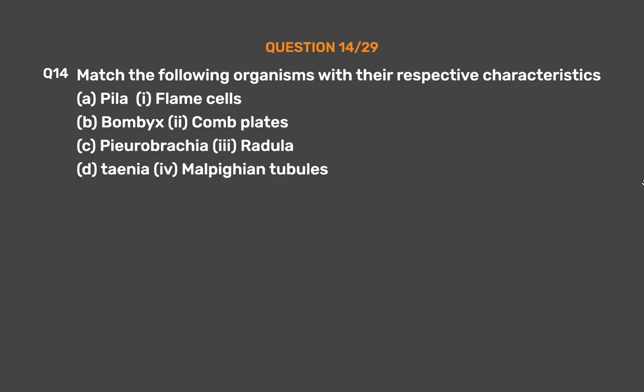Question number 14. Match the following organisms with their respective characteristics. A. Pila. 1. Flame cells. B. Bombyx. 2. Comb plates. C. Pleurobrachia. 3. Radula. D. Taenia. 4. Malpighian tubules. Option A. A-3, B-4, C-2, D-1.